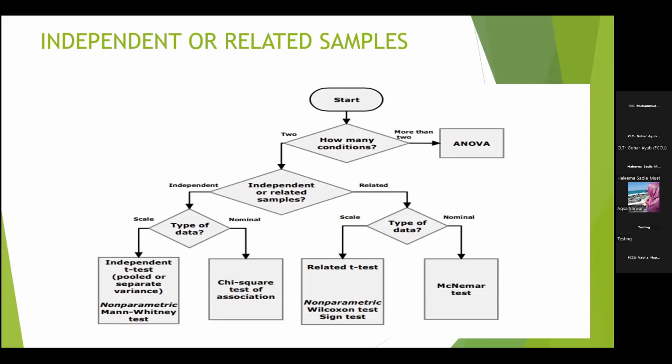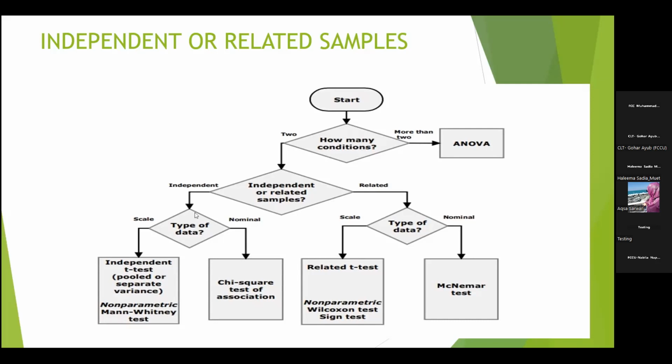If it is scale for two independent variables, you can adopt the independent t-test with pooled or separate variances, or if it is a non-parametric test, then you can use the Mann-Whitney test.